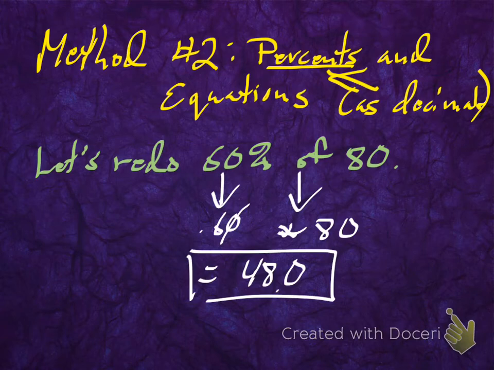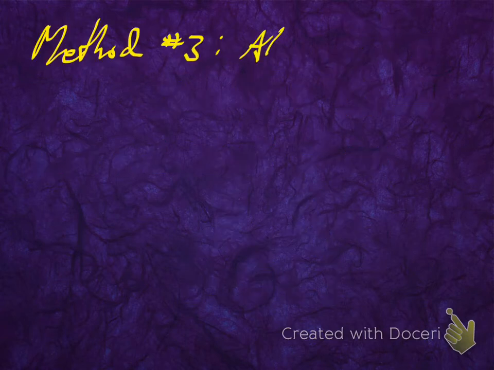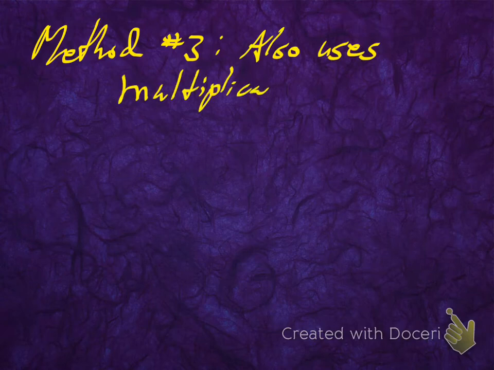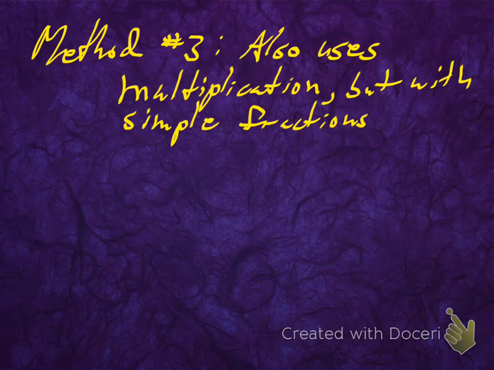All right, so there's one more way. Okay, this is method number 3, and it also uses multiplication, but it's going to use simple fractions instead of decimals. And so this is for things like 25% of a number, or 10% of a number, or 50% of a number, the ones where we know easy fractions for them. So pretty much anything that's a perfect 10%, right?